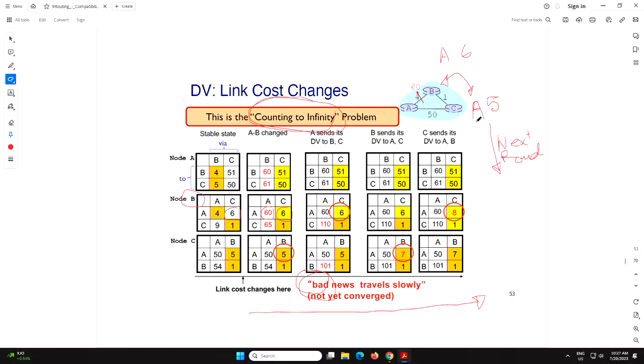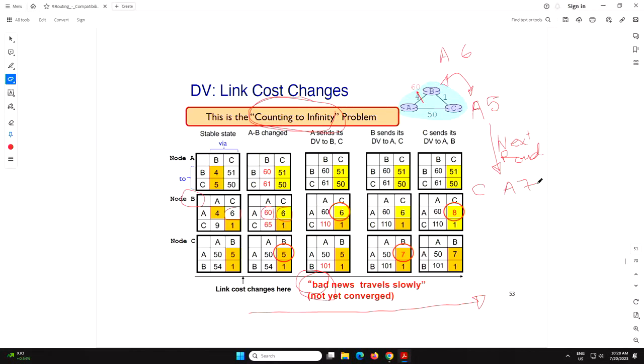So C will see that, oh, my neighbor B is telling me that it can go to A with cost of 6, but if I go directly, the cost is 50. So I would accept it, and the cost would be 6 plus 1, 7. So for C, it will be A7. Okay? Is that correct? Yes?